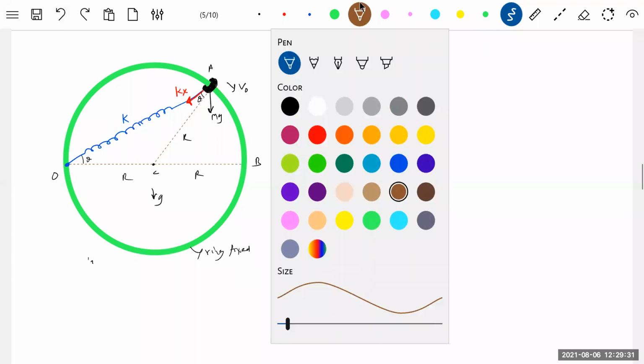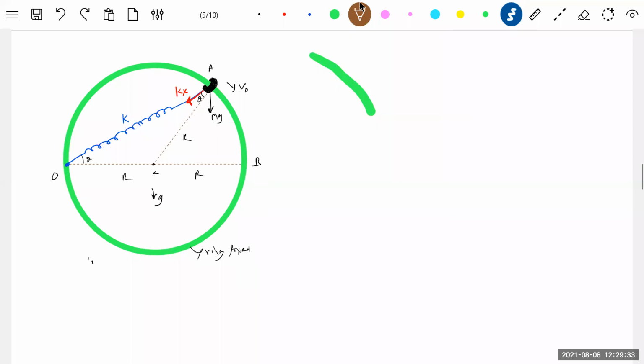Some thick line will take it. Now, how the ring will be in contact with this? The bead will be in contact with the ring in this way. Keychain, you'll be having the keychain, no? So when you look at that keychain, things will be like this.